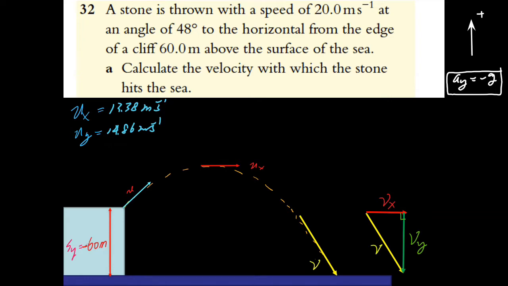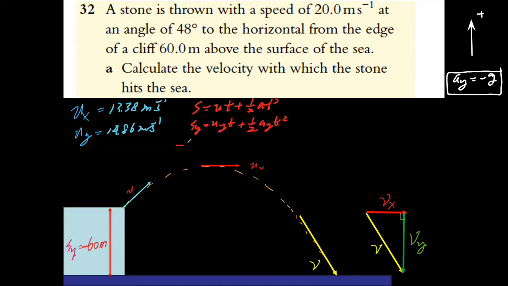The stone hits the sea when the vertical displacement is y equals minus 60. So let's write down the displacement equation, s equals ut plus 1 over 2 at squared. Let's write the y component.